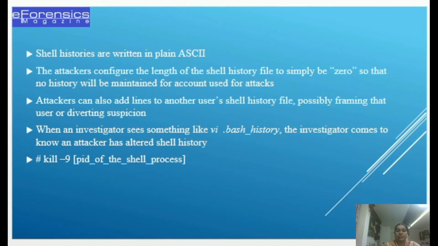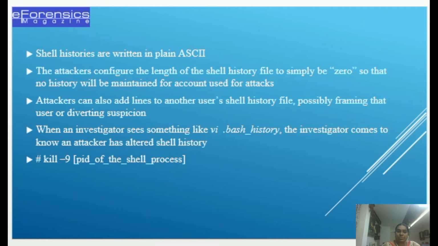The attacker's command used to invoke the editor will be placed in the shell history file. An investigator sees something like vi .bash_history, and so the investigator comes to know an attacker has altered the shell history.